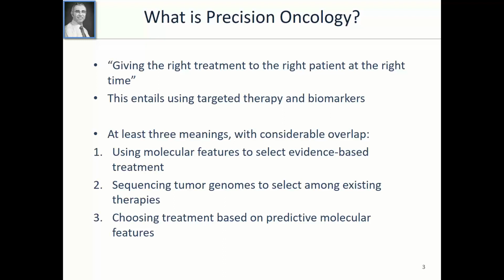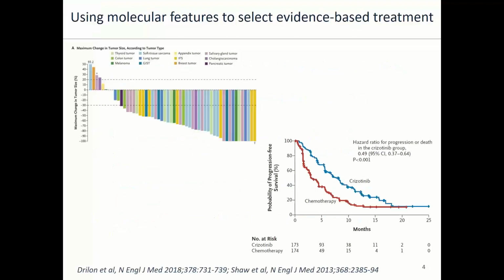Then the second one is sequencing tumors to select among existing therapies. And then the third one is choosing treatment based on predictive molecular features. Like I said, there is an overlap, but I think there is a subtle difference between these three situations.